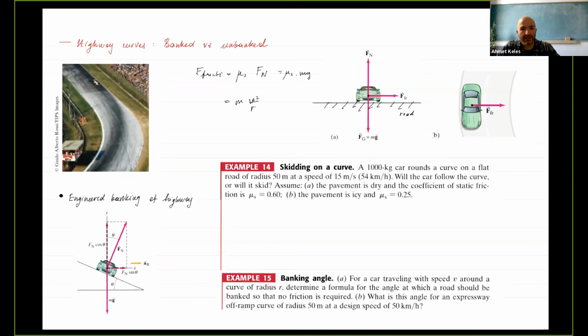Whatever v is, whatever the radius. So basically, if you know your speed, the radius of the curve, and the mass, you know this exact motion. That's how we describe this.